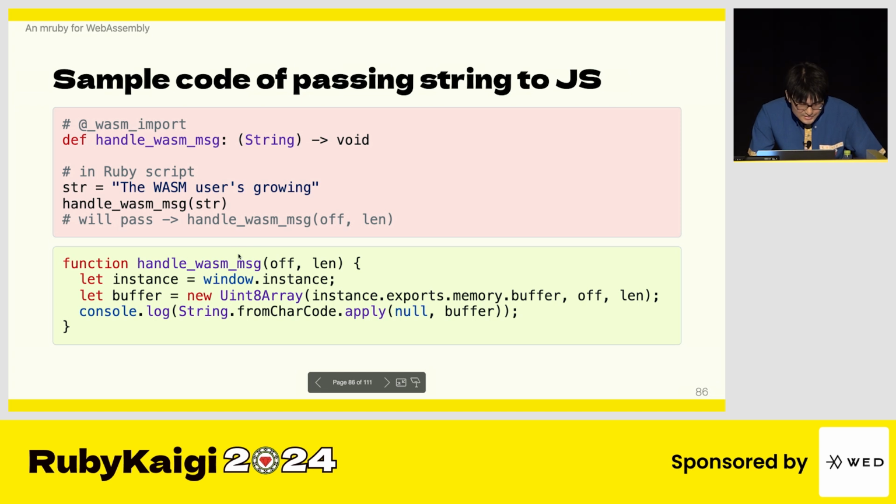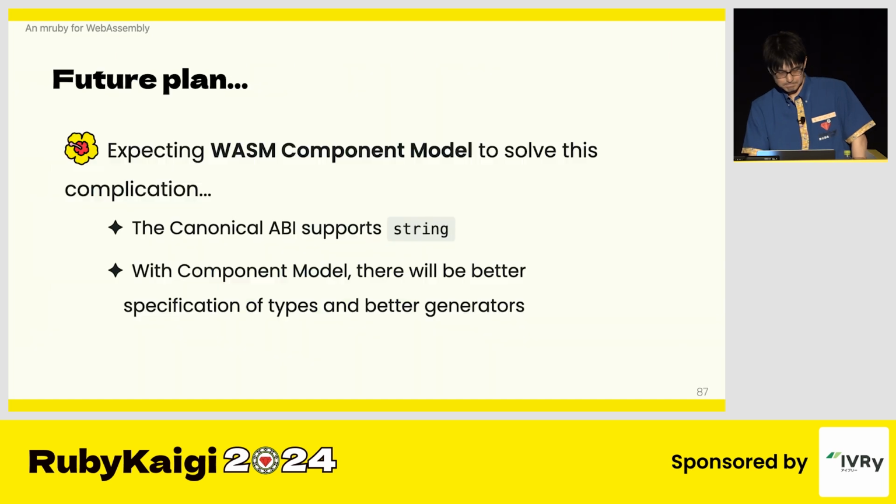So the imported function accepts offset and length. You must extract the memory buffer, then convert this byte array to a string in the browser. So this is so complicated.